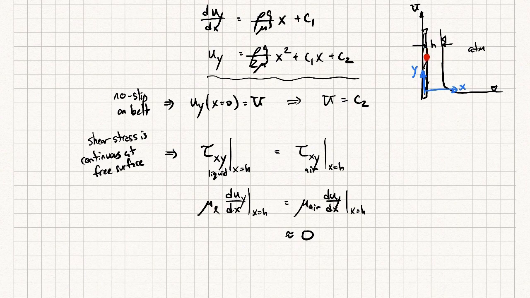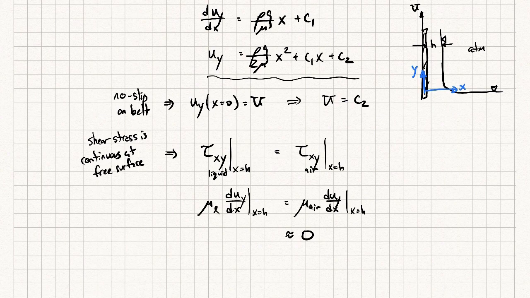Certainly the belt can exert a pretty large shear stress. That's what's carrying the liquid upwards. But the atmosphere, because the air has such a small dynamic viscosity, can't exert much of a force here at all. And we don't even know what the velocity profile is, but it's probably a relatively small gradient anyway. So this whole term on the right-hand side is pretty small.